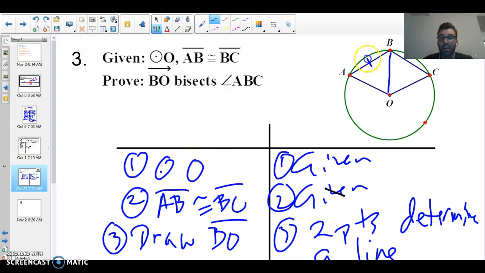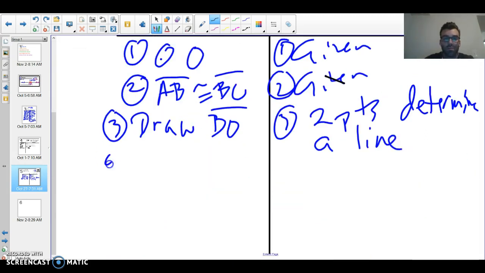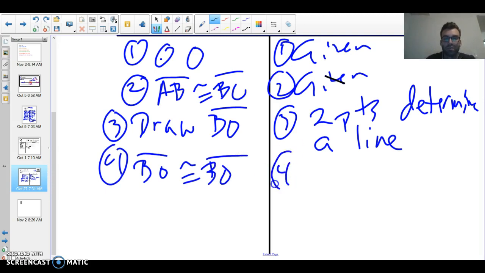Then I could say, so I have this and this. So I could also use, well, let's use the reflexive property. BO is congruent to BO, everyone's favorite property, the reflexive property.